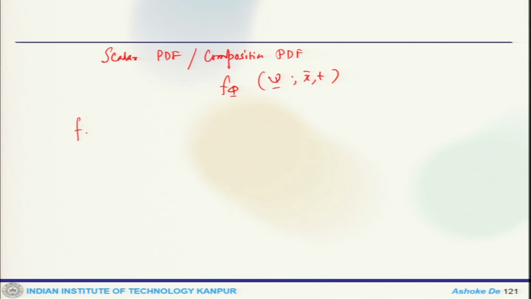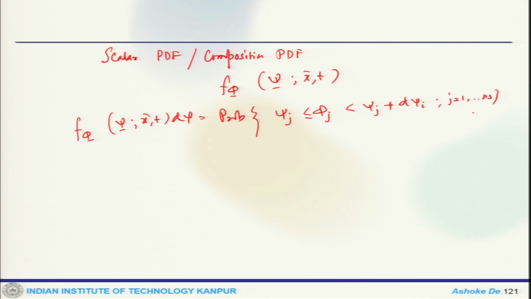Now, one can find out the one point probability density function, which is the scalar PDF or composition PDF, defined as f phi of psi, x, t. So, f phi of psi, x, t d psi is the probability of having phi j between psi j and psi j plus d psi j, where j goes from 1 to n s.